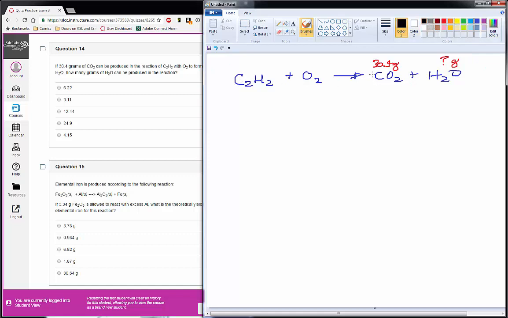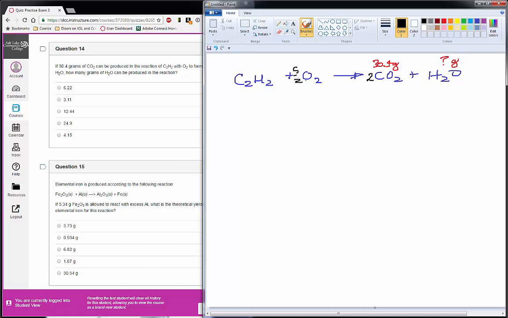I need 2 carbons, 2 hydrogens. I have 2 hydrogens, excellent. And here I have 4 plus 1 is 5 oxygens. So if they come in pairs, that's going to have to be 5 halves or 2.5. Everything's balanced, but in order to have whole numbers, I'm going to multiply everything by 2.